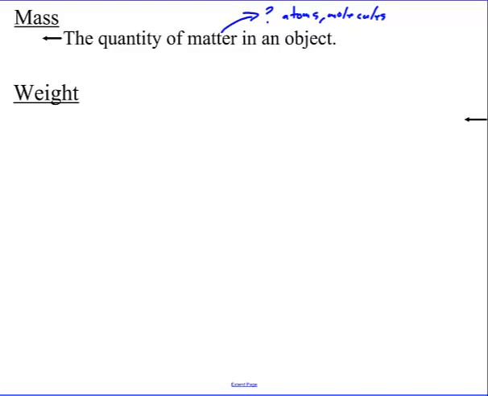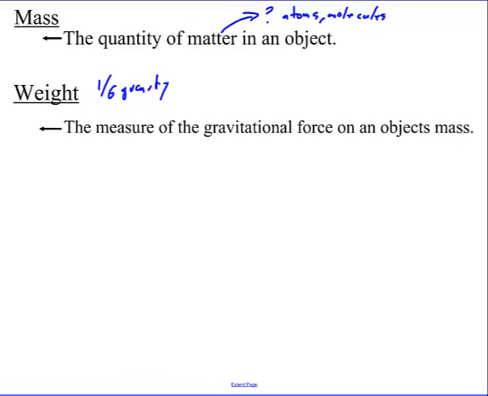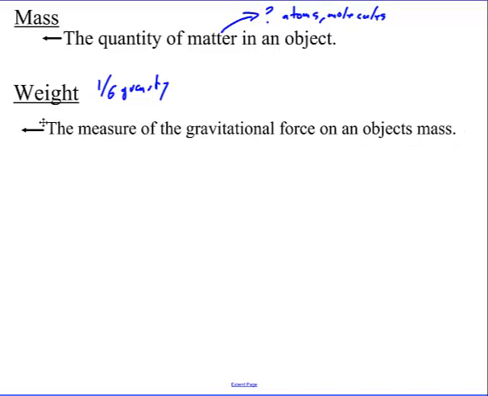If you've ever seen pictures or videos of those guys that were on the moon, you saw that they weighed quite a bit less. And so the moon has 1/6 the gravity of Earth. And so on the moon, whatever you weigh on the Earth, you weigh 1/6 that. Because weight is the measure of the gravitational force on an object's mass. Okay?